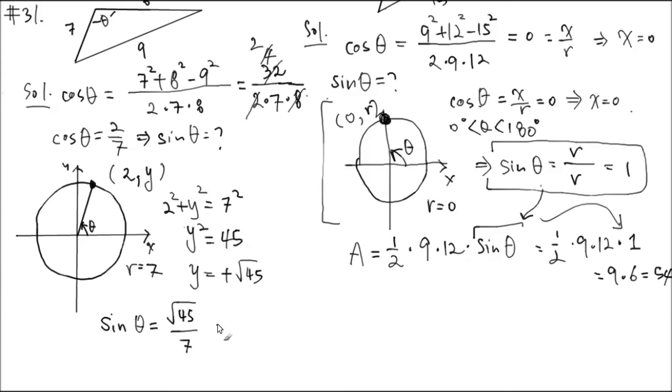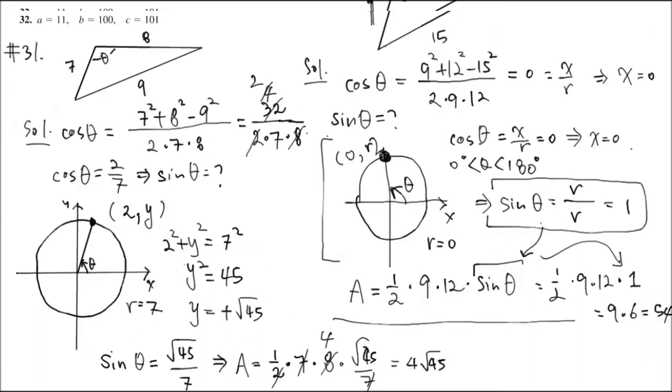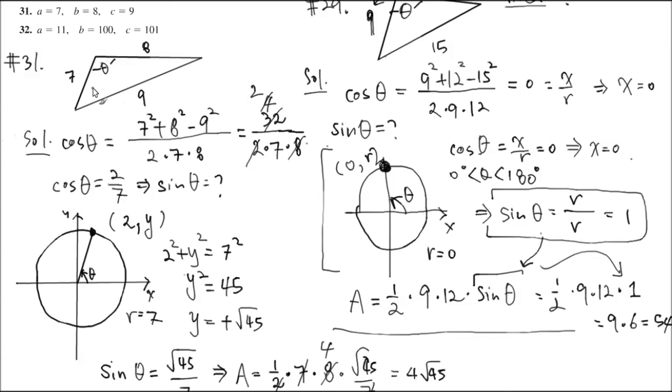So, final part, the area A is 1/2 times what times what? 7 times 8 times sine theta, which is root 45 divided by 7, right? So 7 cancels, and 2 and 8 cancel to 4. So 4 times root 45 is the area of this triangle that I sketched in here, and this theta is actually an acute angle.